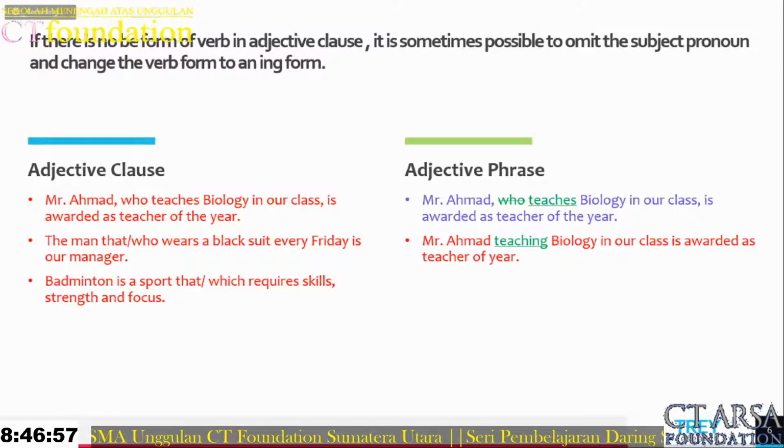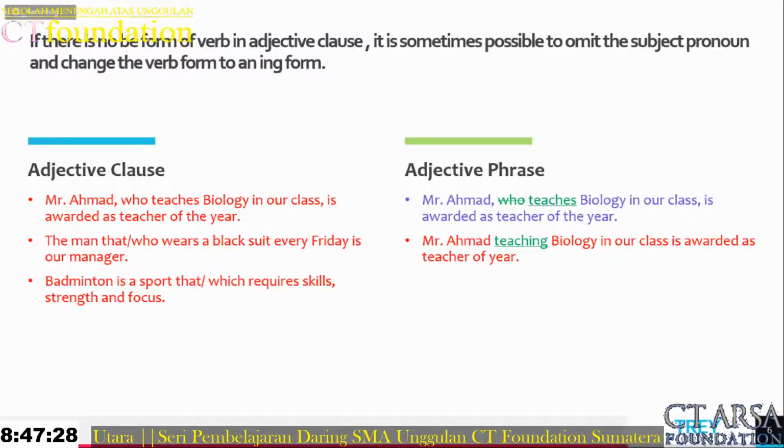Okay, very good. Number two, can you change it into an adjective phrase? The man that or who wears a black suit every Friday is our manager. The man wearing a black suit every Friday is our manager.